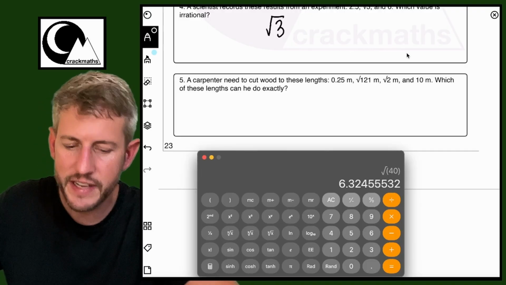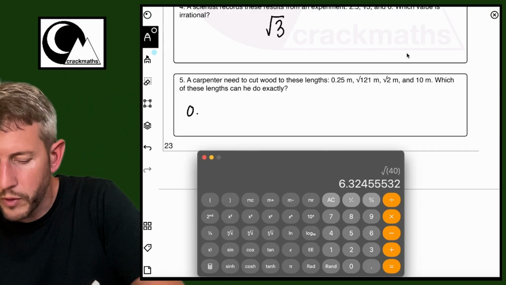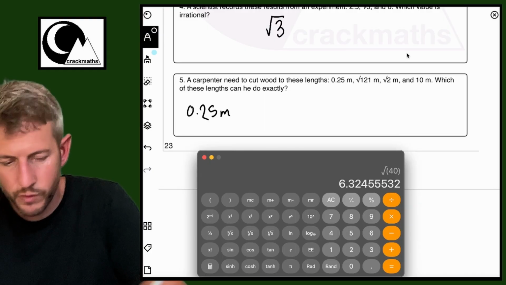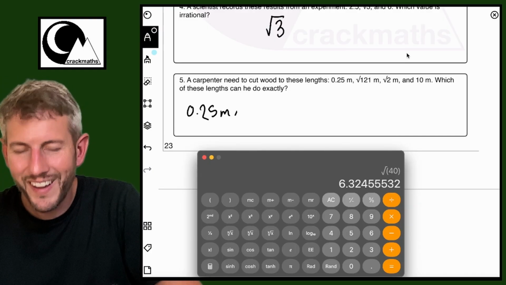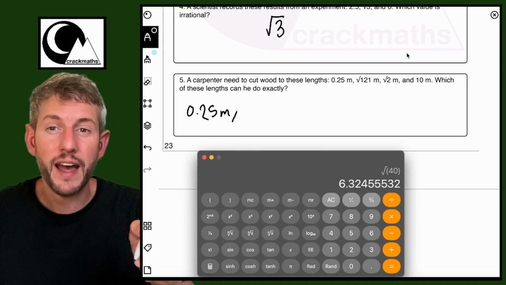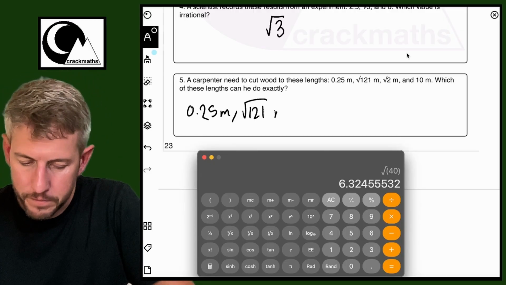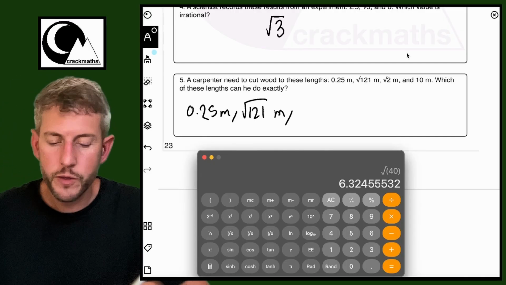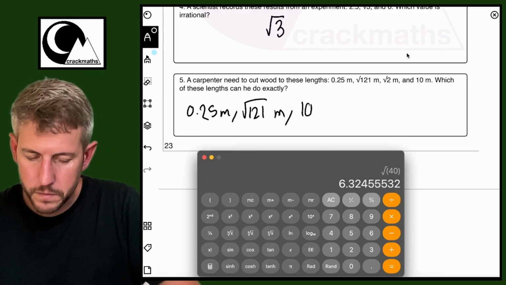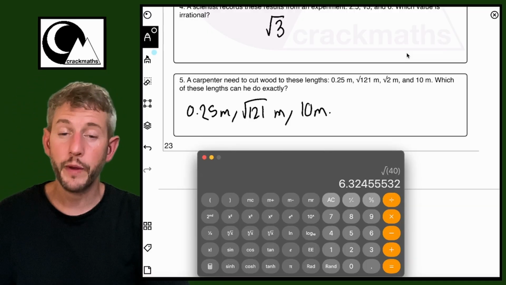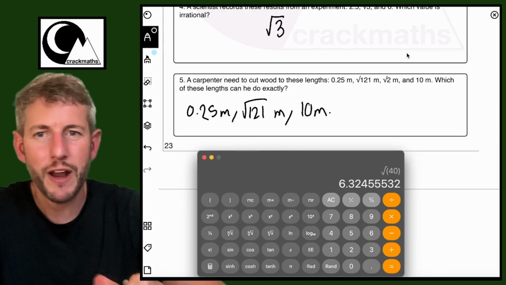Which of these lengths can he do exactly? Well, he can do 0.25 because we can see that that is a rational number. Root 121, okay, he's been tricky. We need to recognise that that is 11 metres. So he can do that one. That is fine. The next one he can do is the 10 metres. He cannot do root 2, as root 2 is an irrational number.